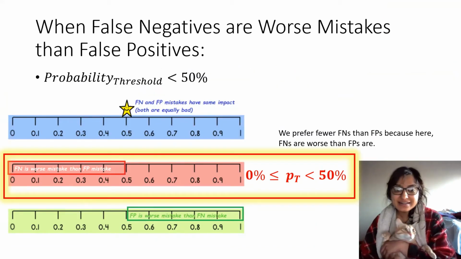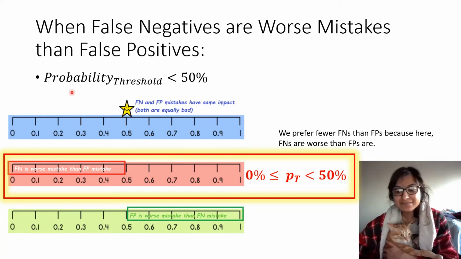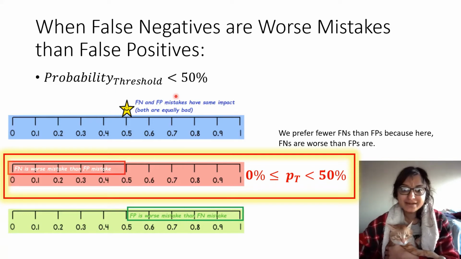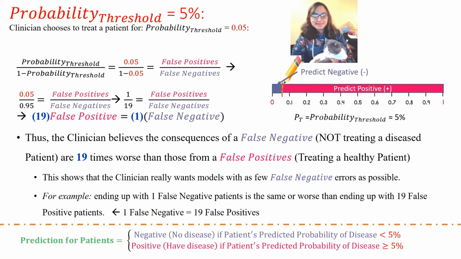So next, Tuggle and I will look at situations when false negatives are worse mistakes, and that's typically when a probability threshold is less than 50%, Tuggle. So a probability threshold of 5%.